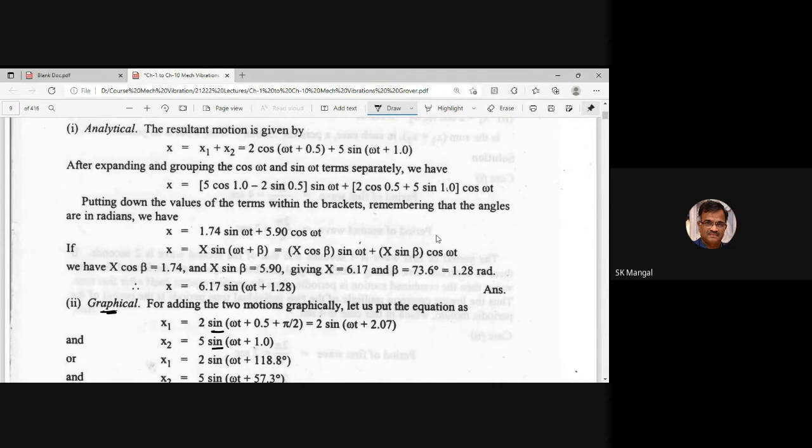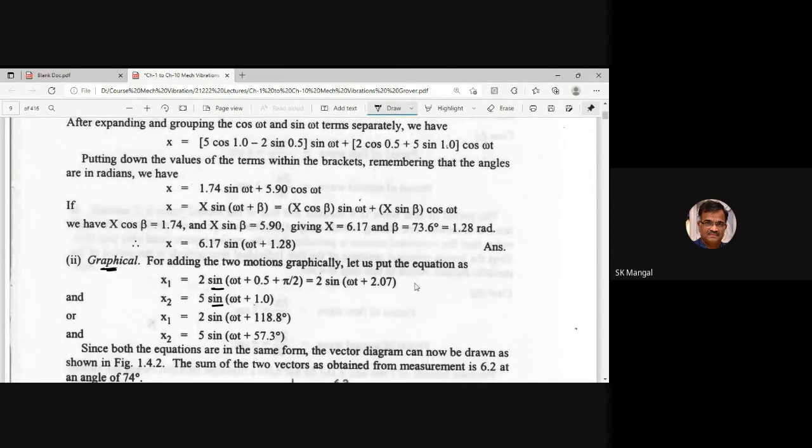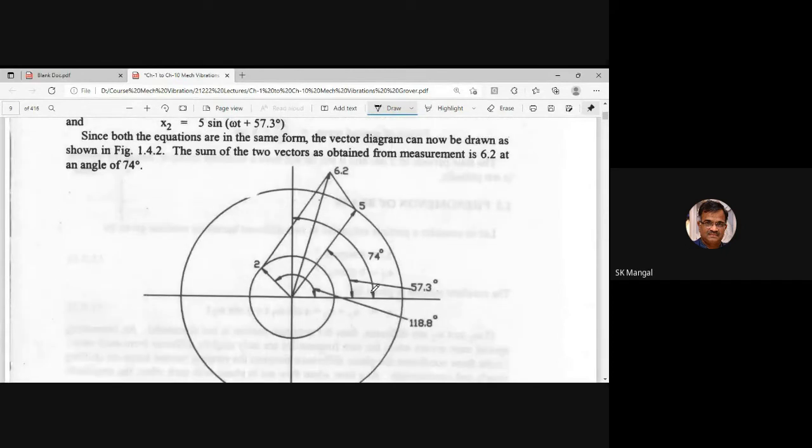So you convert the cosine into sine, and you again convert this value which is in radian into degree, and then plot these two vectors on a graph, and you can have a resultant vector of these two SHM. Now let us come to the next article. This has been solved here. You can go through this.